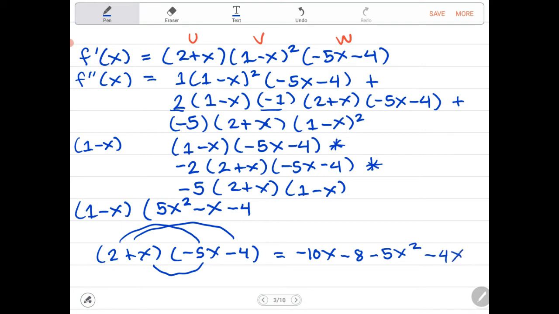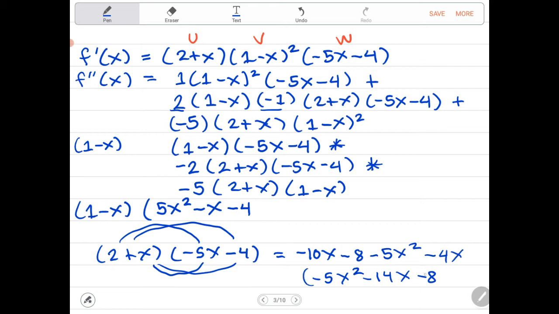Okay? Again, negative 10x, minus 8, minus 5x squared, minus 4x. We have negative 5x squared minus 14x minus 8.